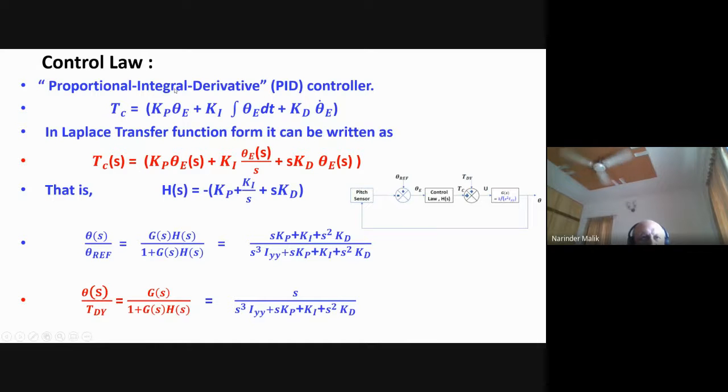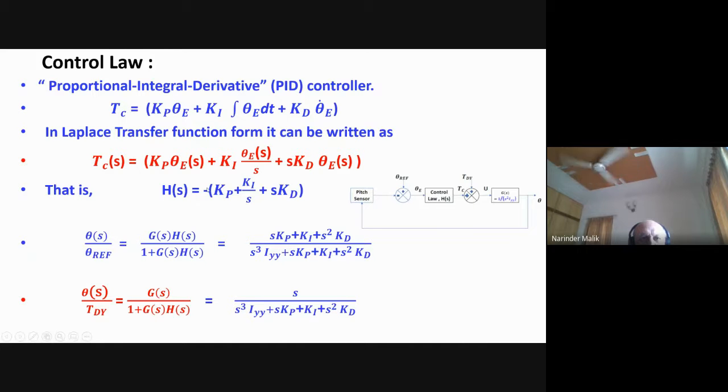Now, the proportional integral derivative controller is what I told you earlier. I write down the transfer function. So the transfer function H of s is basically minus Kp plus Ki plus s Kd. Sorry, it should be a plus sign.